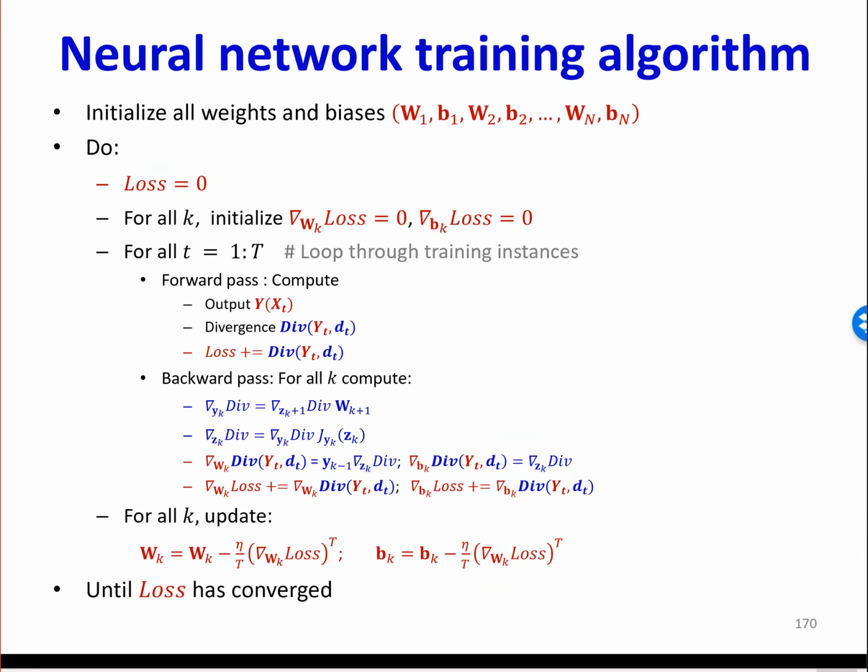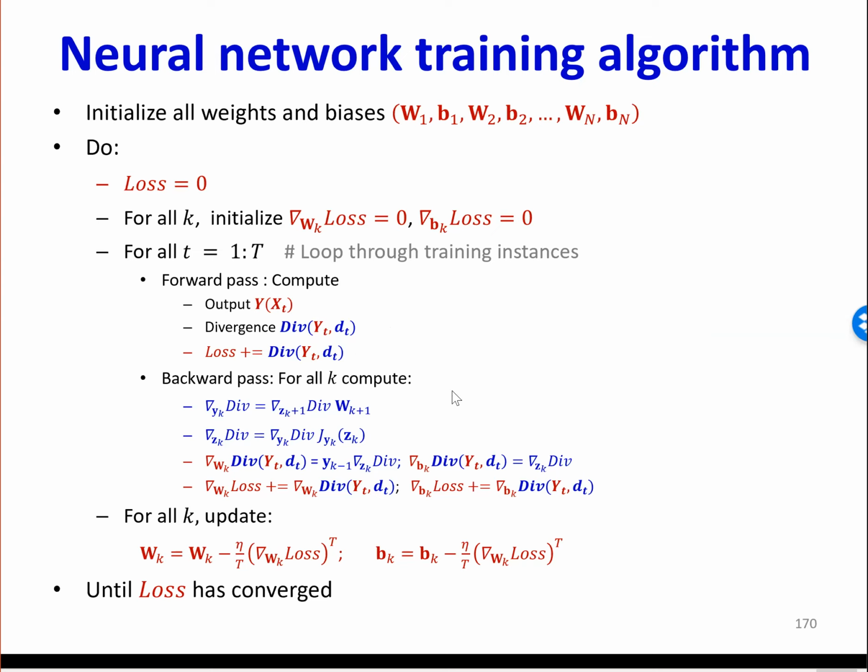That's for a single instance. And so if you wanted to train a neural network where you've got a whole bunch of training instances, you'd initialize all the weights and biases of all the layers. Then in the forward pass, you'd go through all of your training instances, simply pass the data through the network using the formula we saw earlier and compute the output of the network. Then you compute the divergence for that instance.